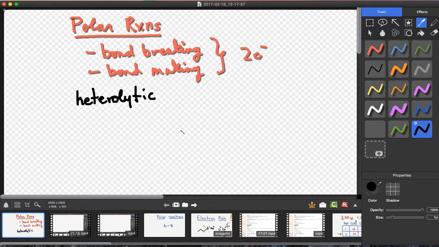Let me illustrate with an example. Let's say, for example, we have an ether where we have protonated to make a more reactive leaving group.